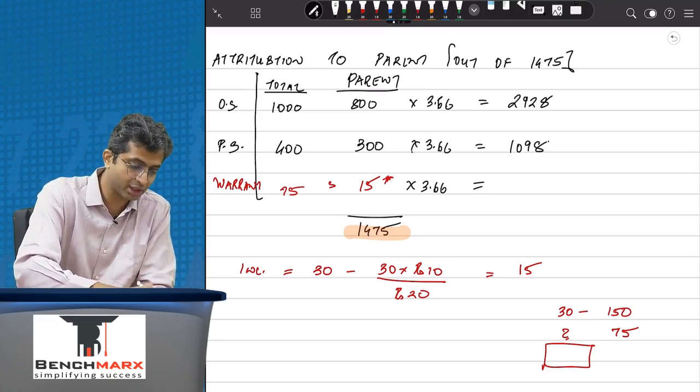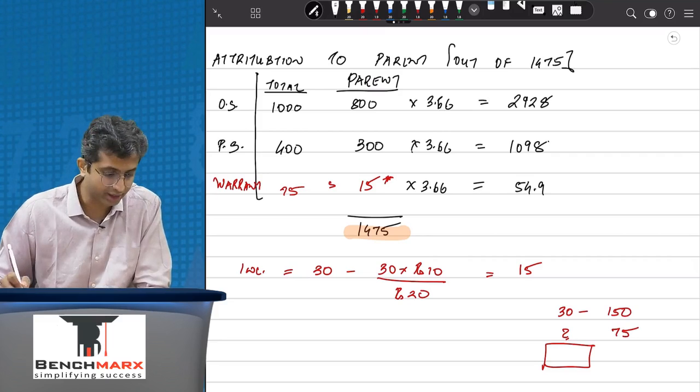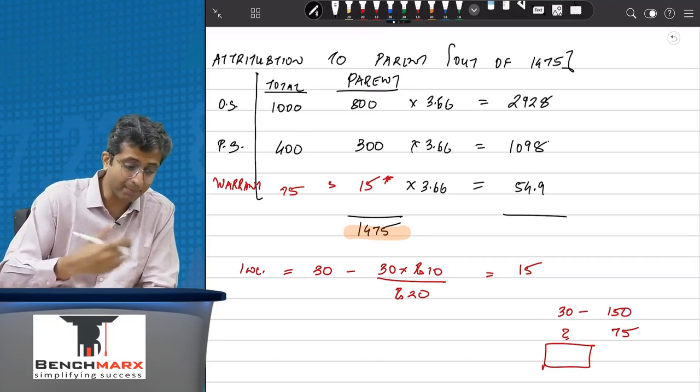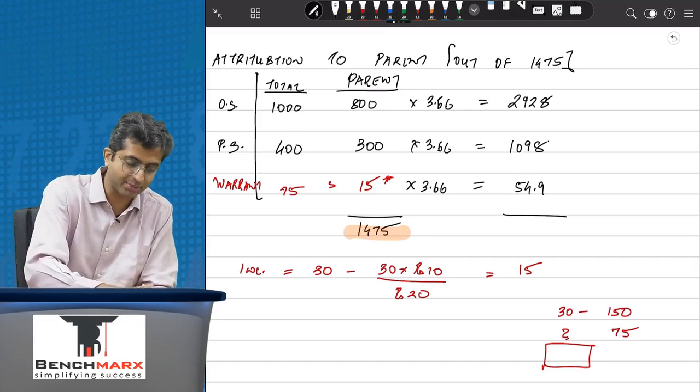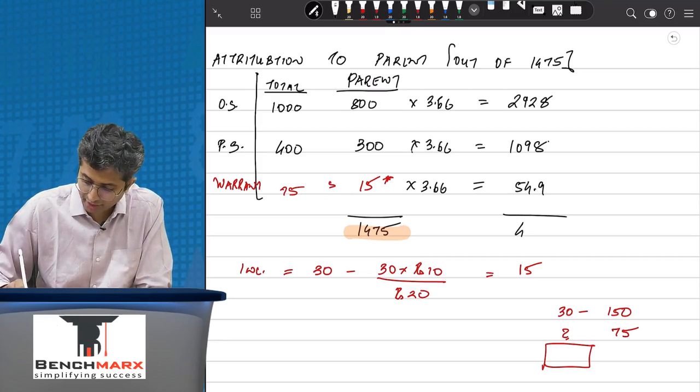So 15 into 3.66 is 54.9. If I total this up, the parent's attribution to the diluted earnings in the subsidiary is 2928 plus 1098 plus 54.9, which is 4080.9.